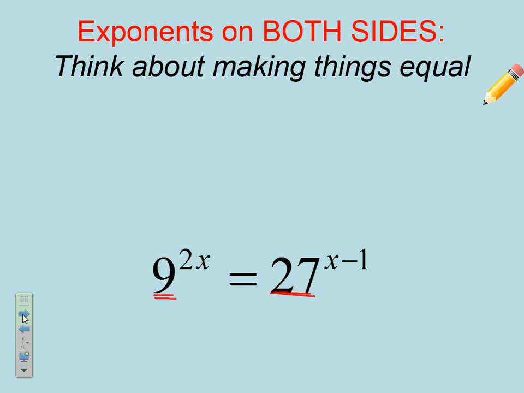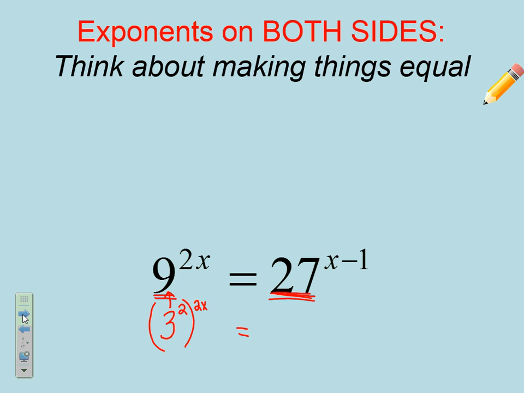So for 9 and 27, we need to think about what common base they would have. Both of those can be written as 3 to a certain power. So if I change 9, it's 3 squared. That's still 9, and now I'm going to put that 2x power back on it.